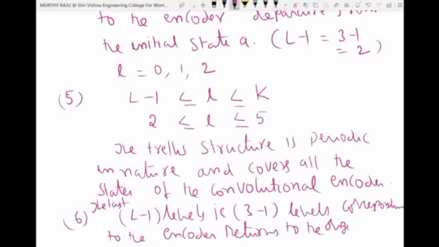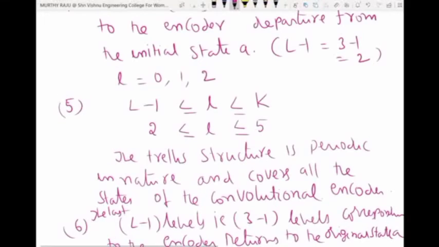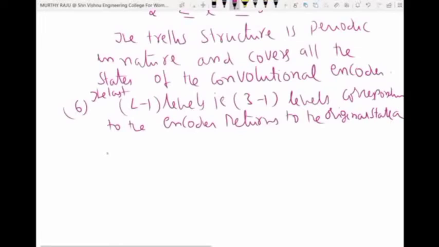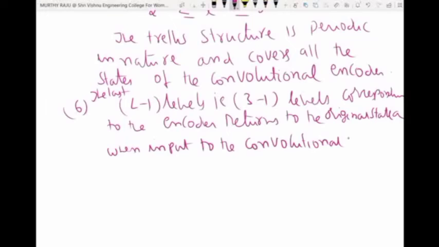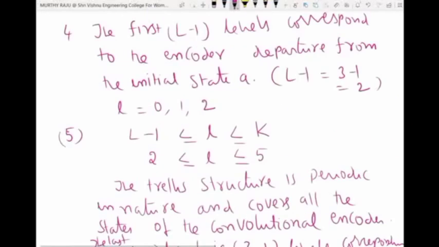This happens when the input to the convolutional encoder is two zeros. Therefore, the message sequence is 1001100. These are some important points.